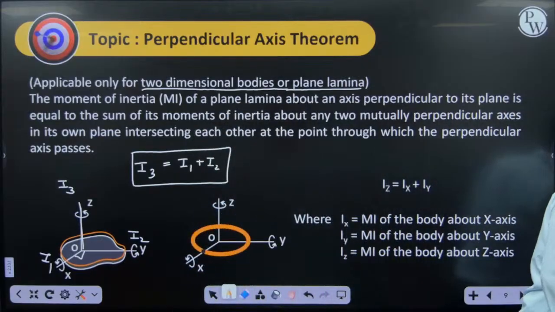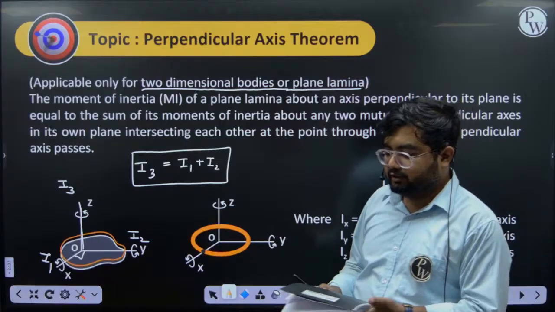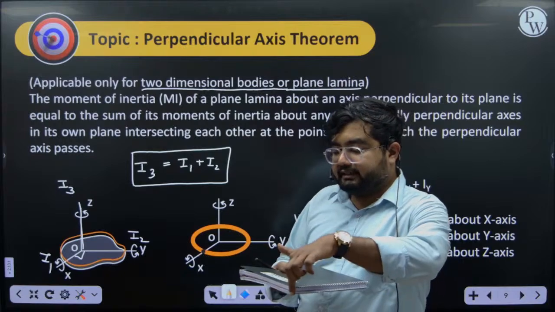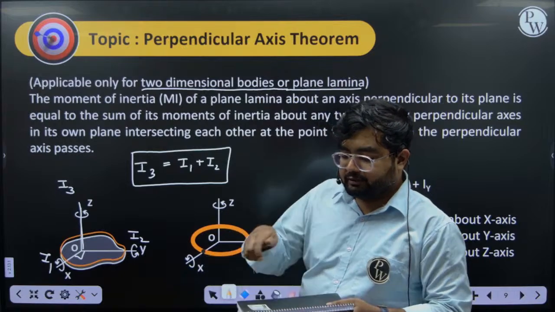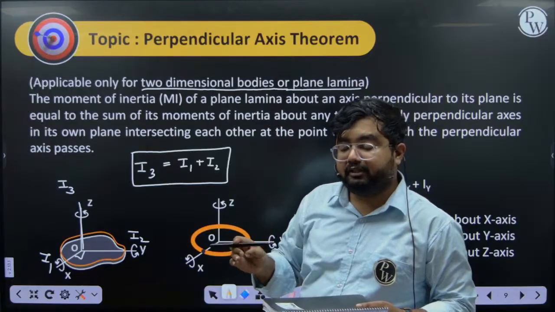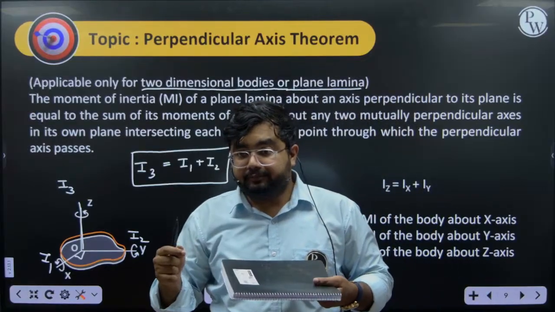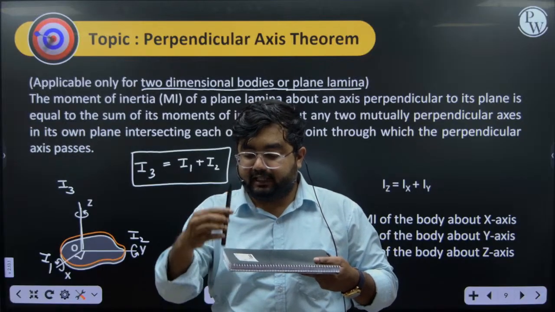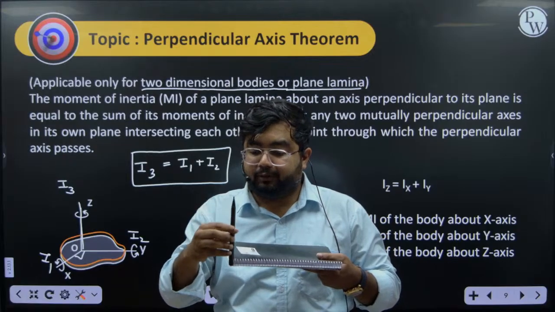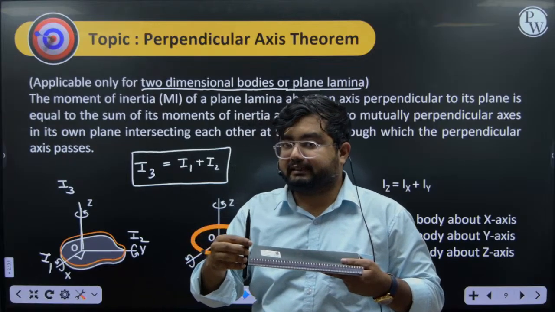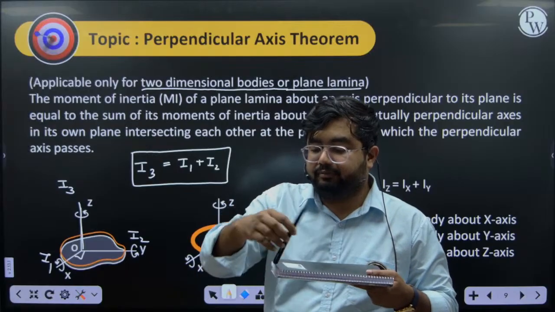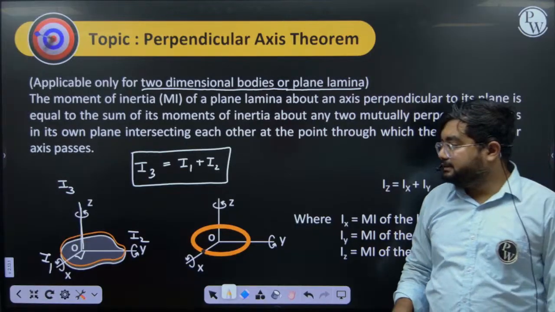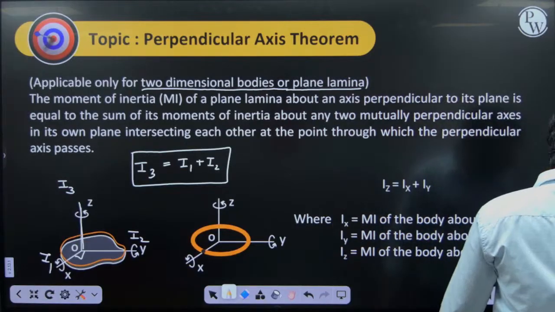For example, if I consider this copy, suppose this is one axis I1 and this is another axis I2, within the plane of the body, and they are perpendicular. About their point of intersection and perpendicular to the copy, this axis is I3. So I3 will be equal to I1 plus I2. This is the perpendicular axis theorem. I hope this is clear.